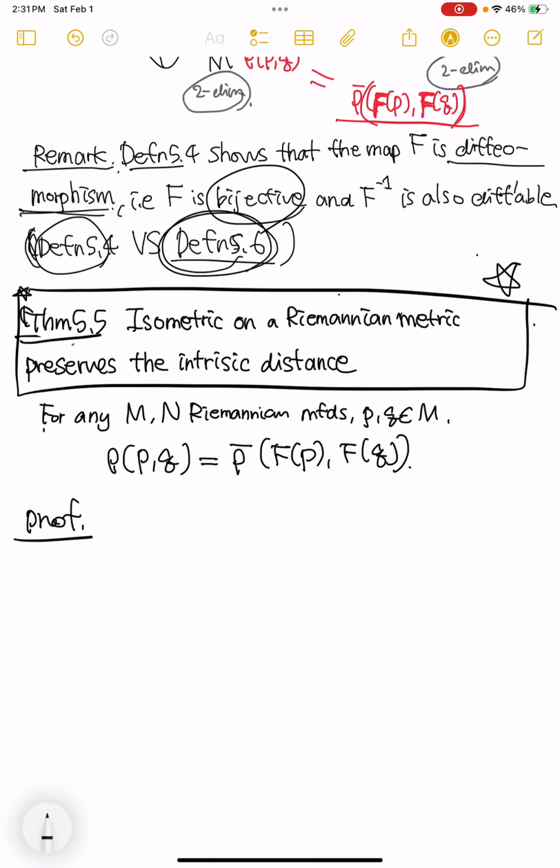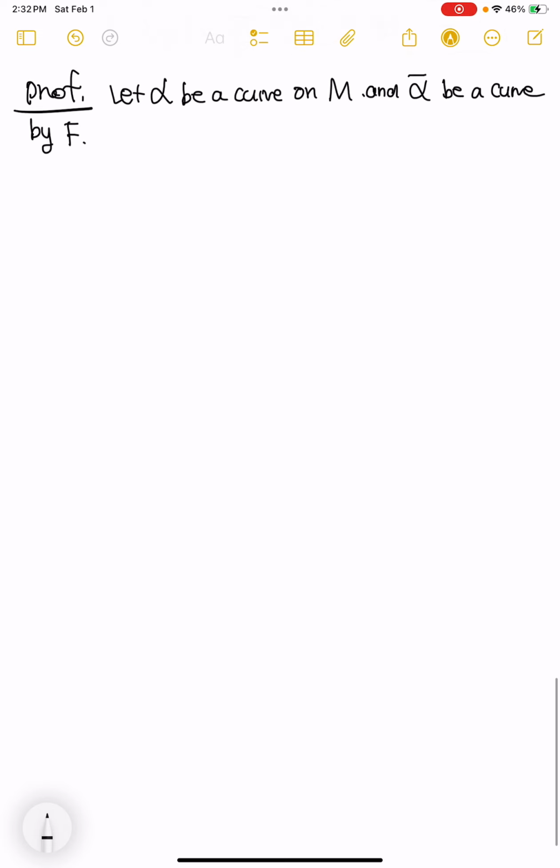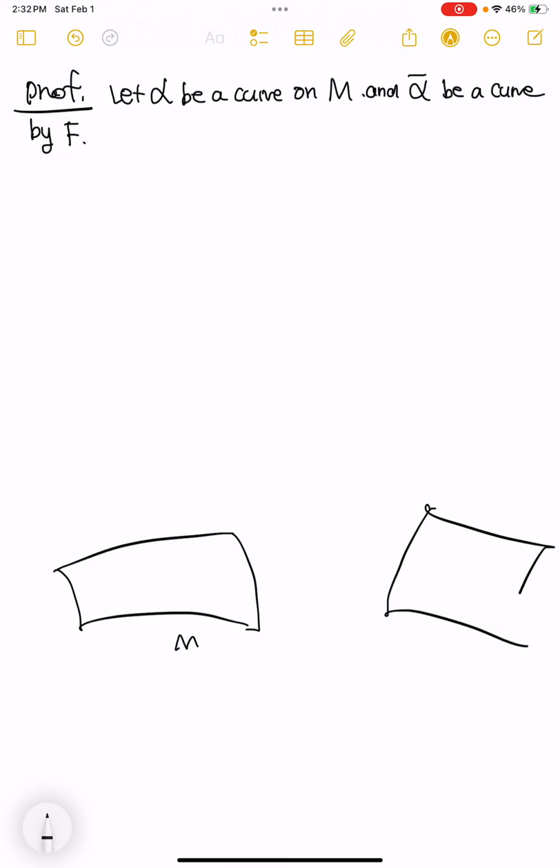So how do we prove this idea? Let alpha be a curve on M and alpha bar be a curve by F. So if you think about the image, that is M, that is N, F, we can think about tangent plane mapping.